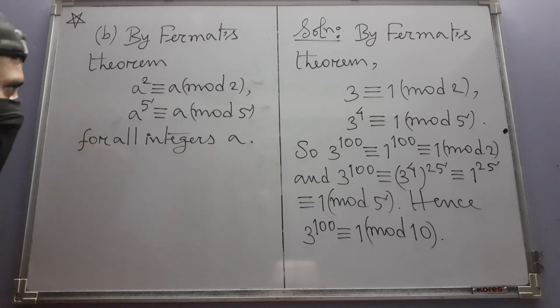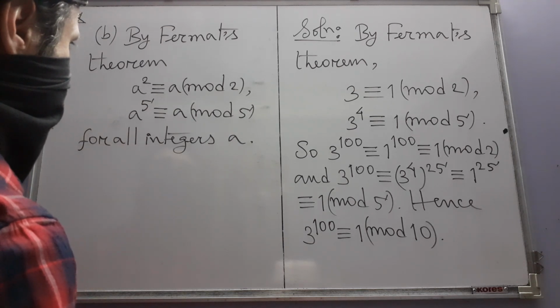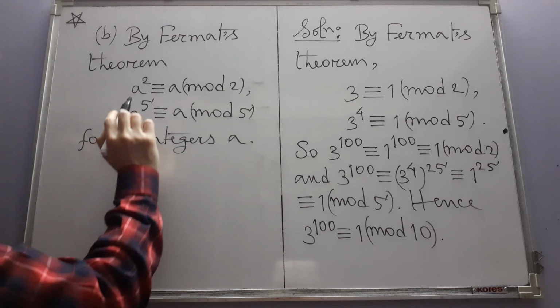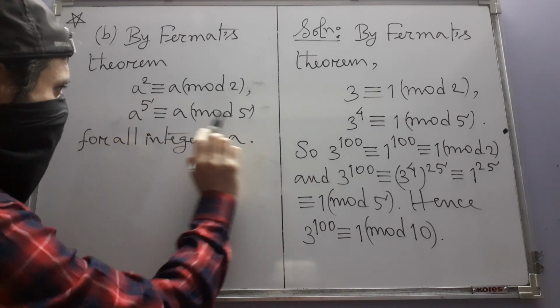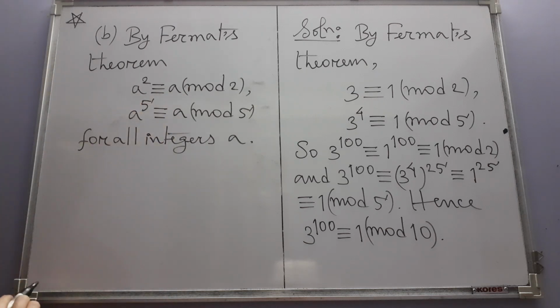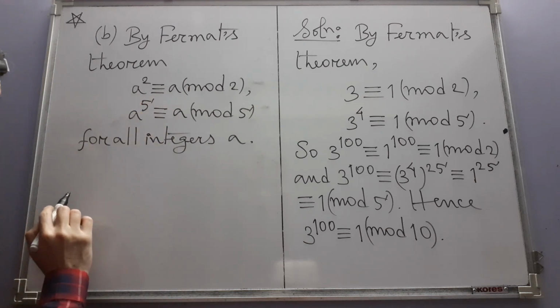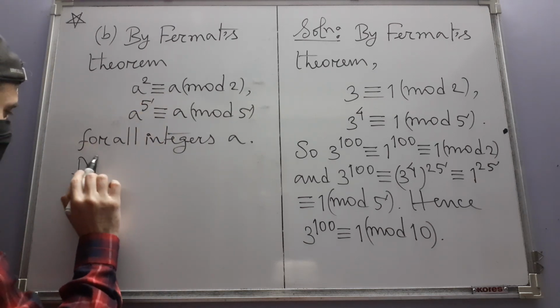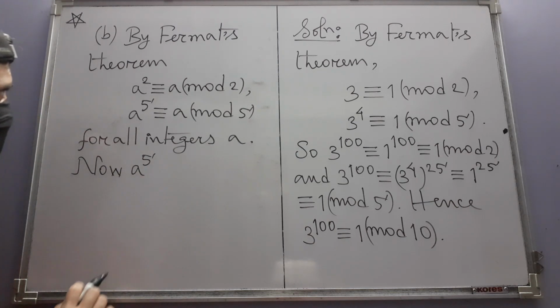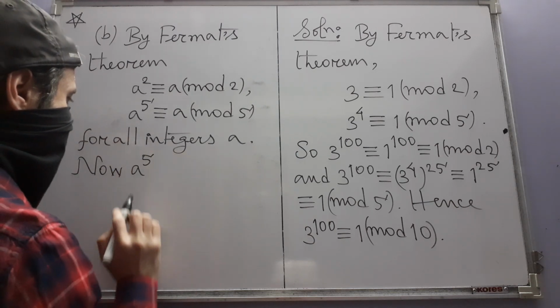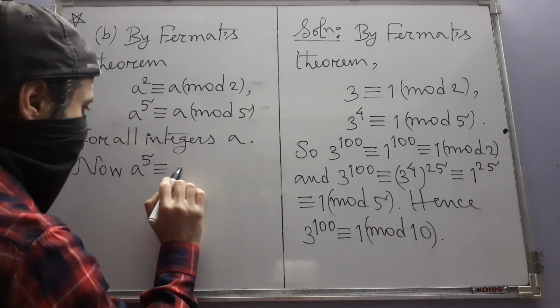Alright, so we have what we want for the prime 5, but for the prime 2 we have to work a little more. If the modulus is 2, then what happens to a to the power 5?